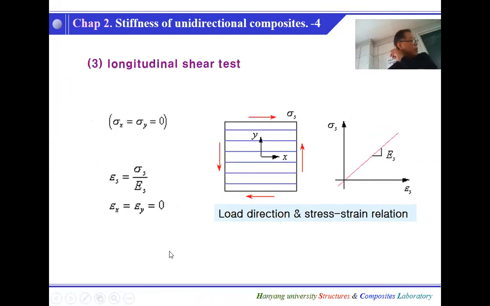Okay, one last term we need to measure is the shear stiffness. Well, we apply the shear stress sigma S. Again, similar to previous, we are applying sigma Y, sigma X equal 0.